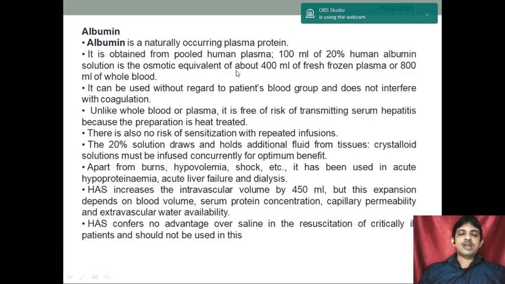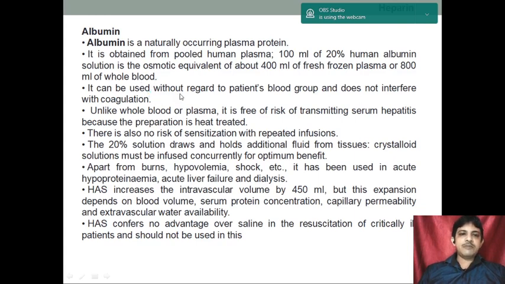So, if we are considering the osmotic equivalency, then 100 ml of 20% human albumin is equivalent to 400 ml of fresh frozen plasma or 800 ml of whole blood.